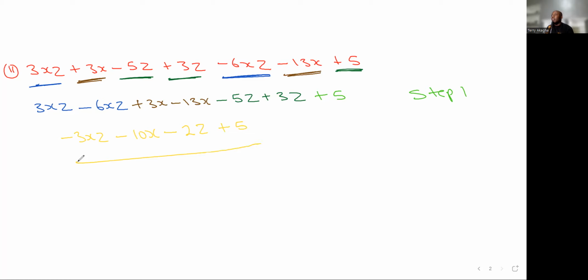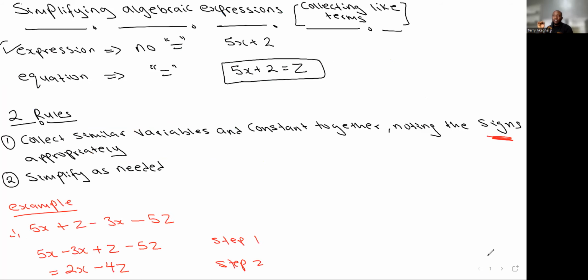That will be the answer for this, and that is step 2. That's how you simplify. Basically, we've simplified this to give us that. It's just the same thing: follow the rules. You collect similar variables and constants together, note the signs appropriately, and simplify as needed.